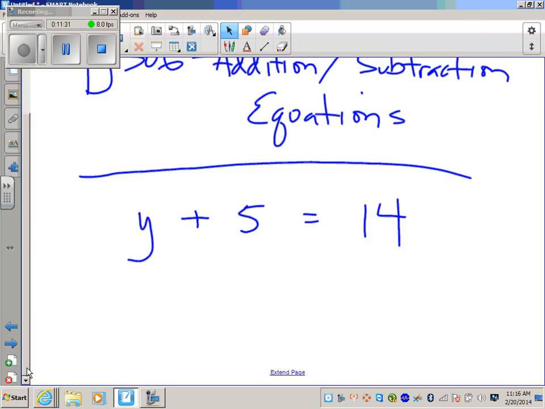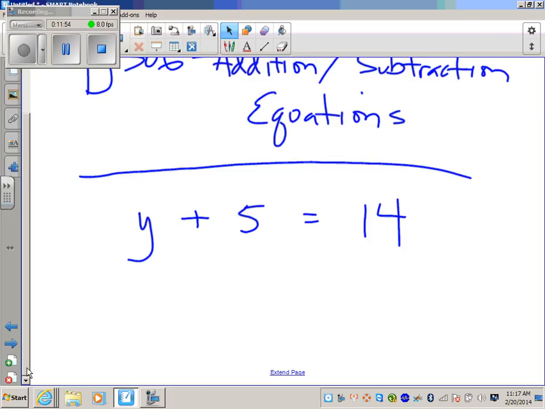It's not complete. So I need to find out what does y equal to make this side of the equal sign equal this side. I need to make this side equal 14 because this side equals 14. Right? How do I do that?